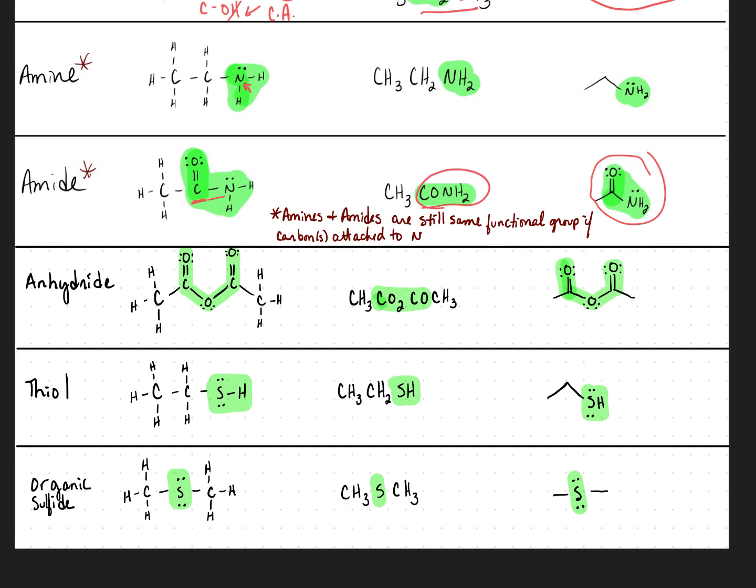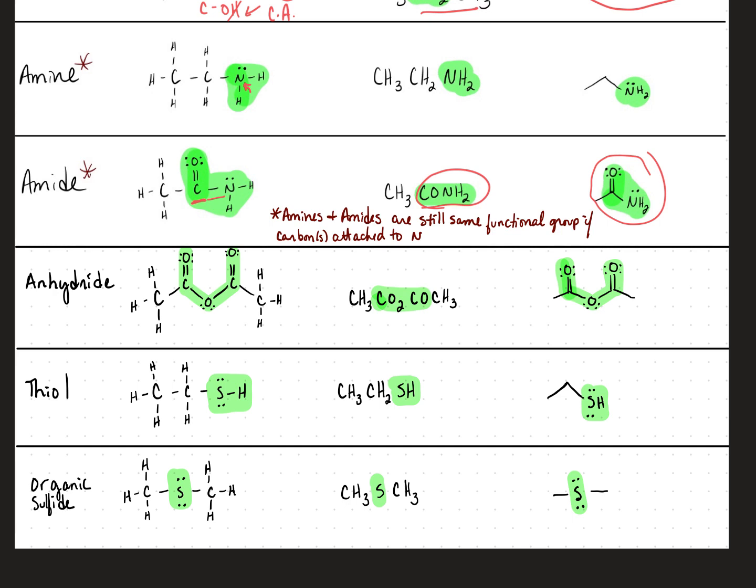Next, we have anhydrides. So as you would think, this would be without water, right? Anhydride means without water. And we'll show you why that's called an anhydride. I'm happy to show you now if you would like to know.